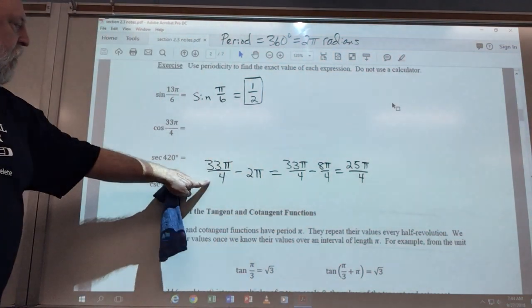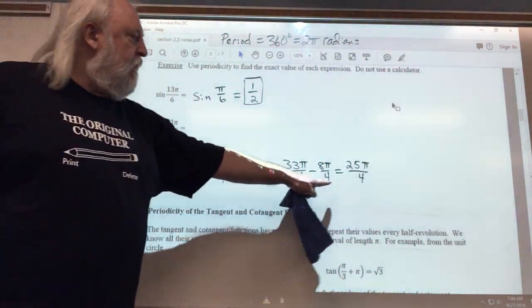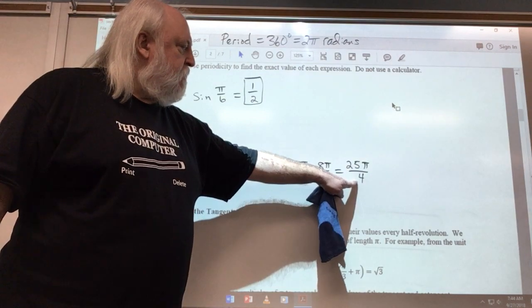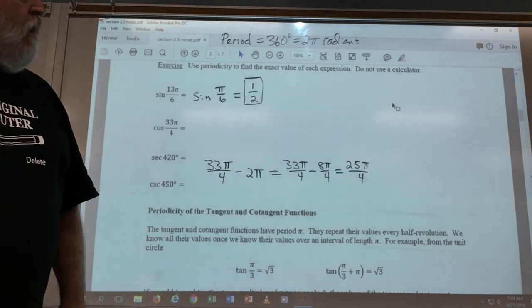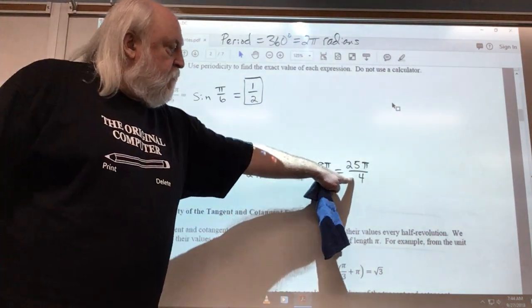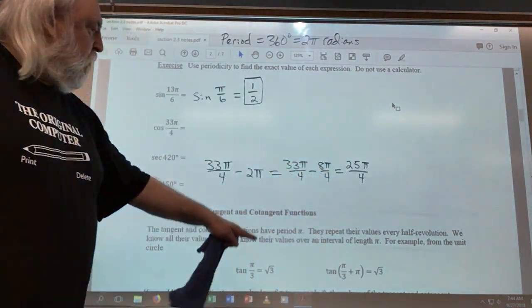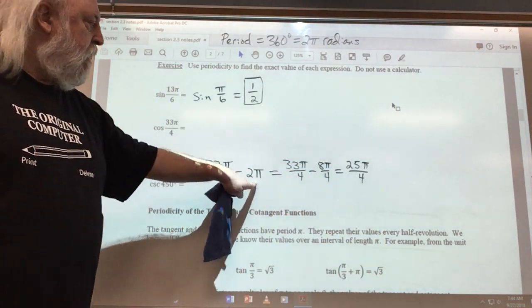So the cosine of 33 pi over 4 is the same as the cosine of 25 pi over 4. But 25 pi over 4 is greater than 1 revolution, so we've got to subtract another 2 pi.